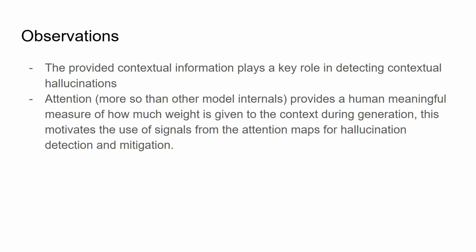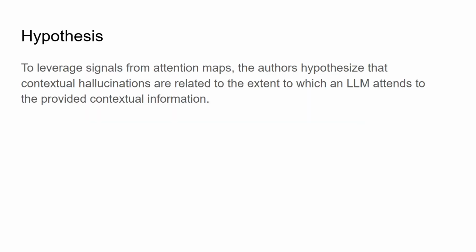Because you can sort of visualize attention as how much weightage the model put at this time step on each of the preceding tokens. They speculate some stuff based on this, but this is what motivates them to use only attention maps. And since prior works had already looked at other model internals, they felt that attention maps might be the logical next step.